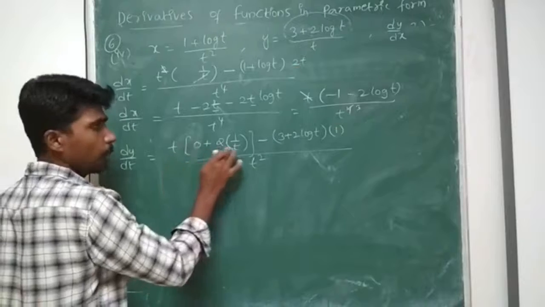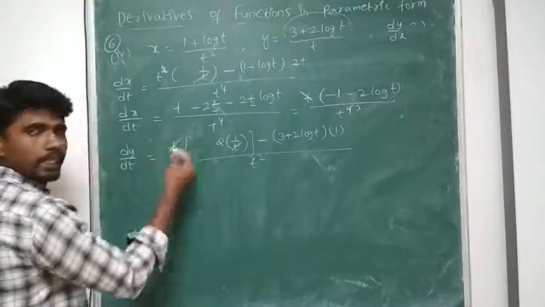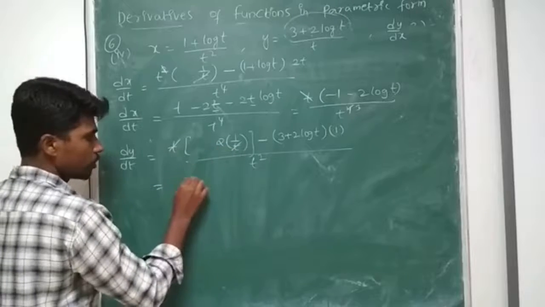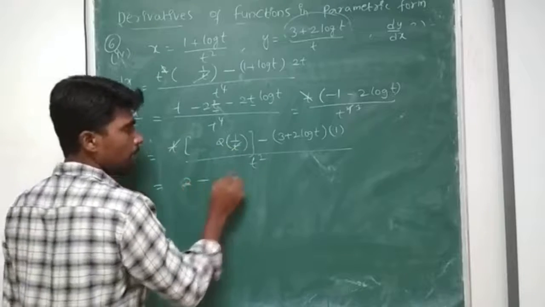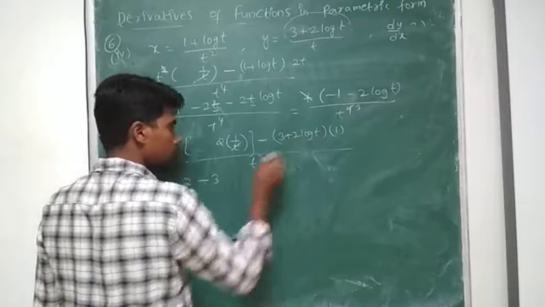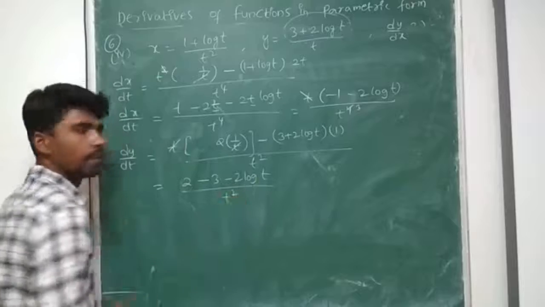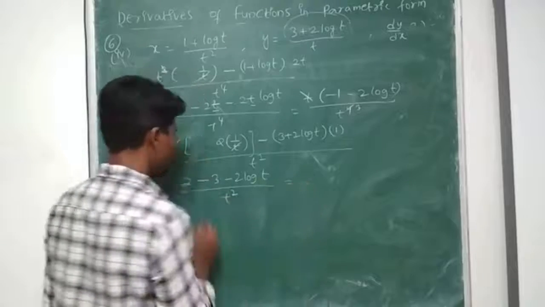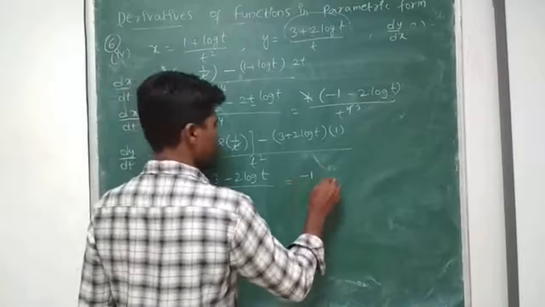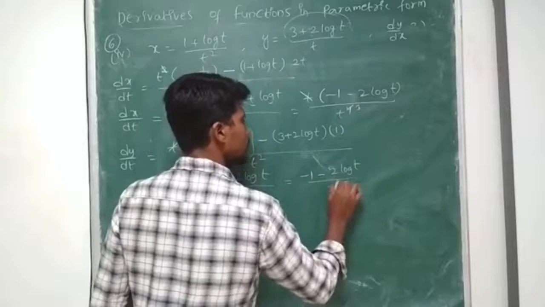Now 0 plus 2 by t, t and t get cancelled. I get 2 minus 3 minus 2 log t, by t square. So which is equal to minus 1 minus 2 log t by t square.